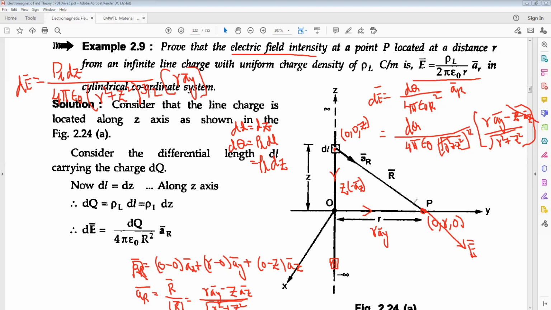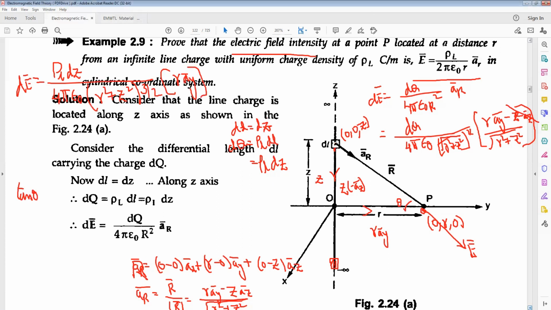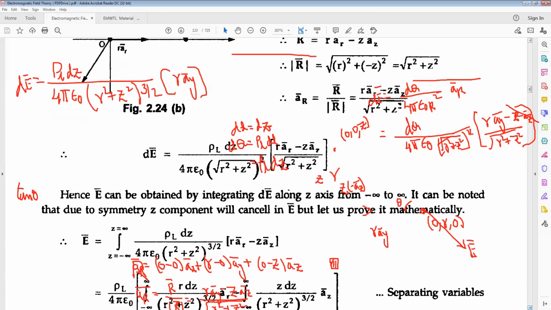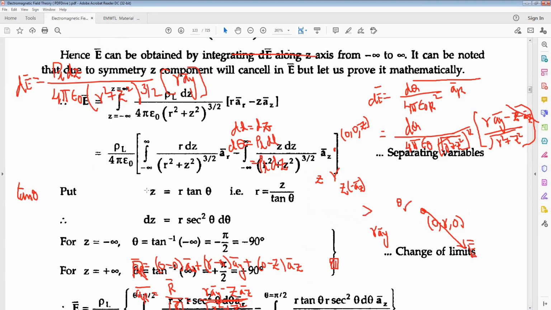And now let us assume the angle theta, where the opposite side is z and the adjacent side is r. Tan theta is equal to z by r, the theta is the same.